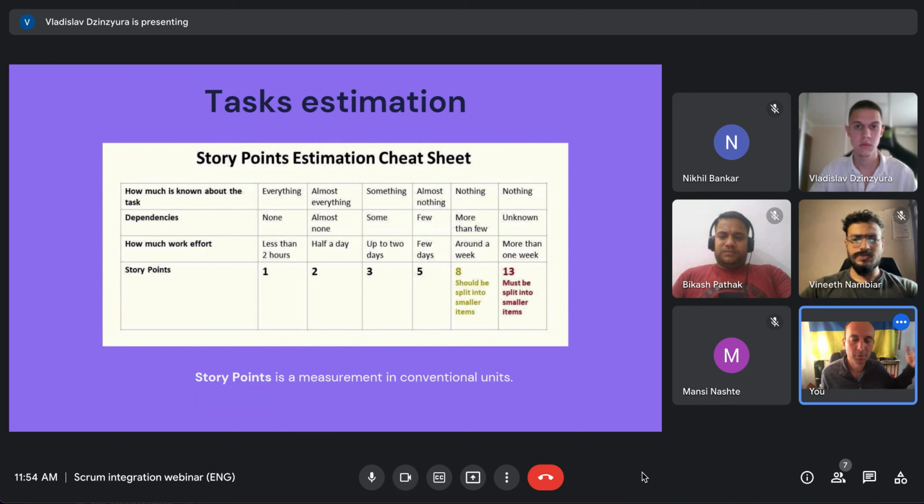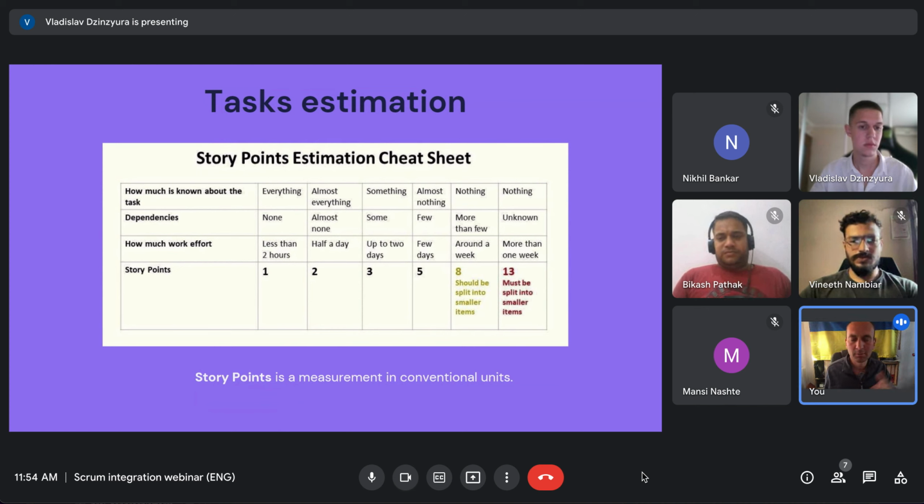But then starting from larger tasks, you have 10, 15, 20, 50, 100, 200, 500, 1000. So you cannot just say this task is worth 501 story points. You shouldn't say that. If it's close to 500, you should always say 500.